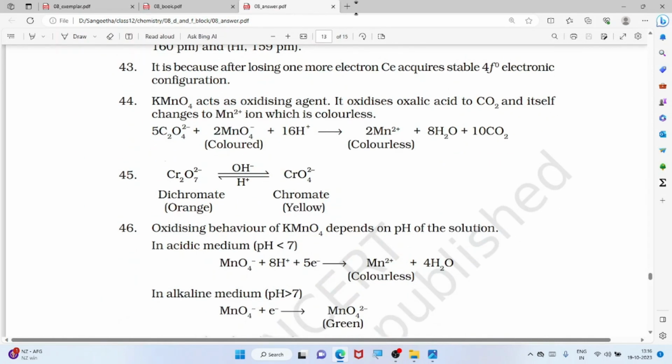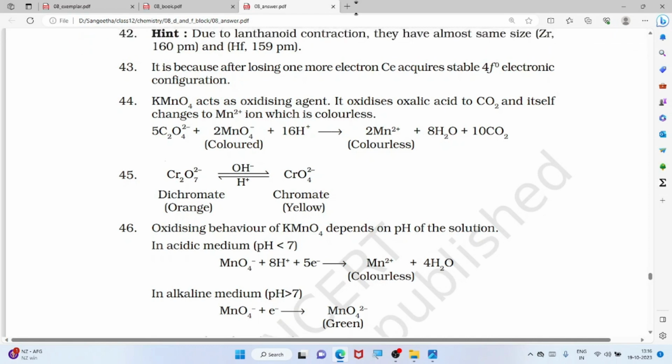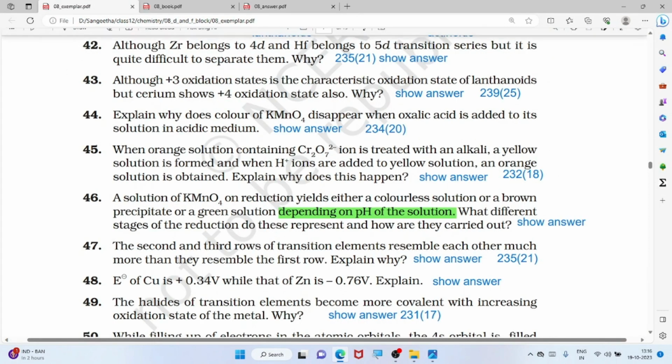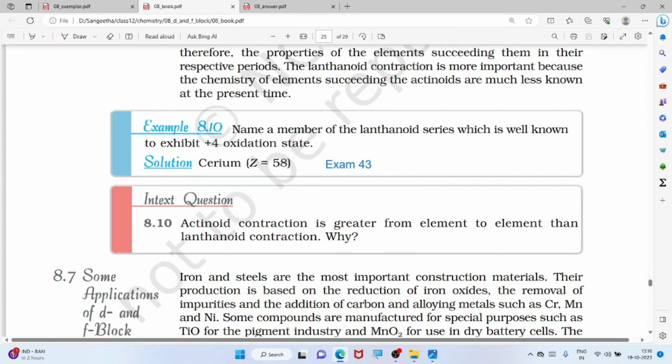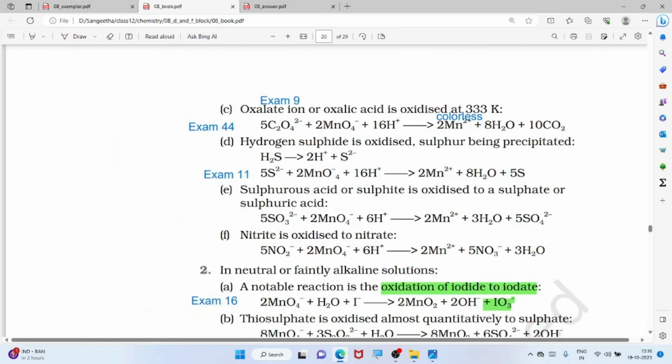Okay, this is colored and this is colorless. Mn2+ ion is formed. This is the reaction. This is colorless.